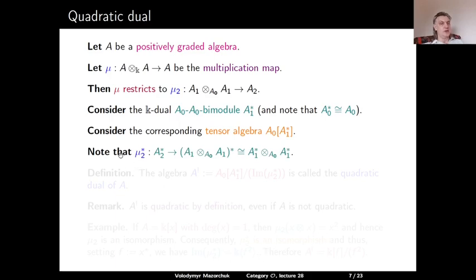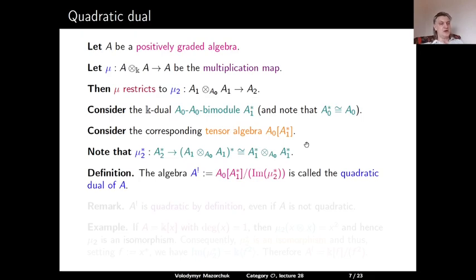Note that the dual of mu2 is a linear map from A2 dual to the dual of A1 tensor over A0 with A1, because of the finite dimensionality and self-duality of A0. This is isomorphic to A1 dual tensor over A0 with A1 dual.